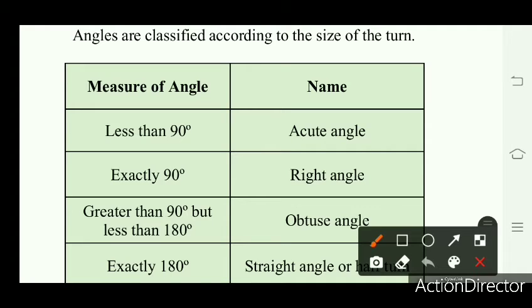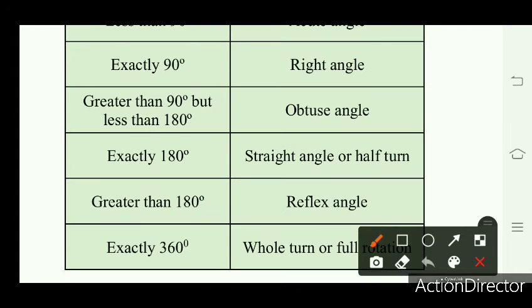Now an angle greater than 90 but less than 180 degrees is known as an obtuse angle. An angle that is exactly 180 degrees is known as a straight angle, and it is a half turn of the ray.